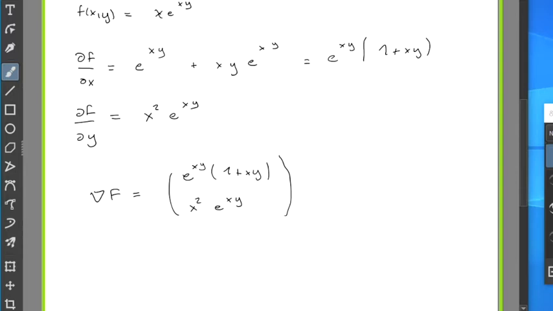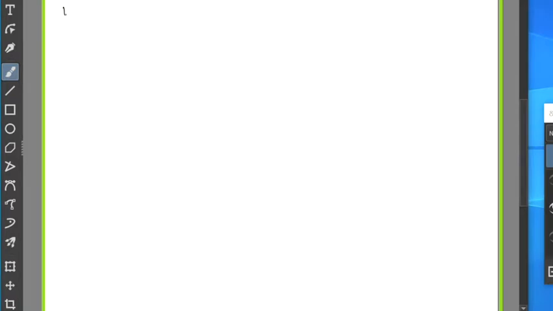Let's continue with the second one. Then we need to calculate the Hessian, and the Hessian is the second derivative of the function. And by definition, that's simply the derivative matrix of this vector field. So let's write that down. So the Hessian matrix is the derivative of the gradient. And let me write down the gradient here again.